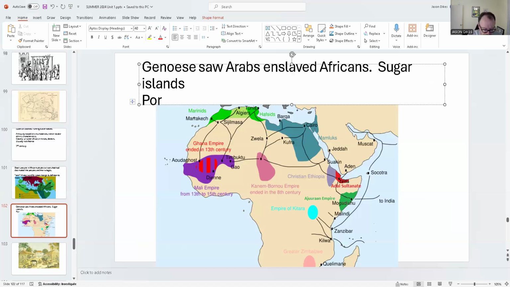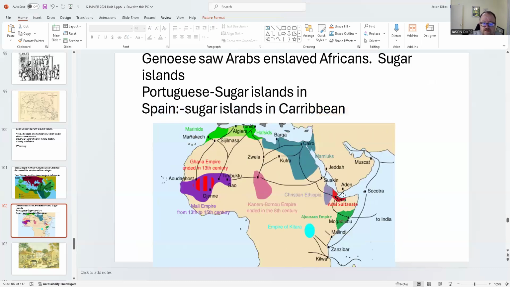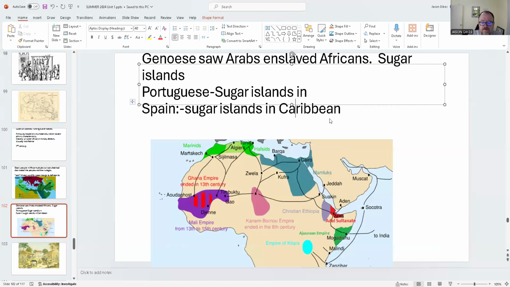Then it was picked up by the Portuguese for their sugar islands, mainly along the coast here. And then picked up by Spain for their sugar islands in the Caribbean.